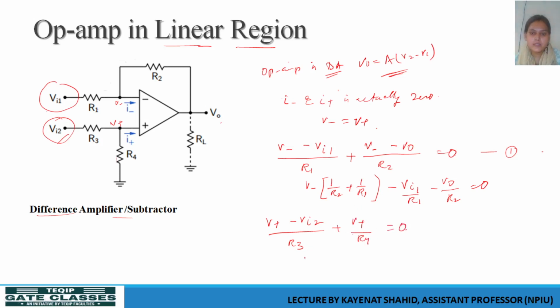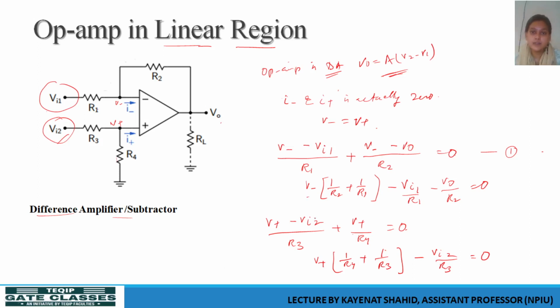Here we can see this is V plus times (1 by R4 plus 1 by R3), and this is VI2 by R3, equal to 0. So what we are saying? We are saying that this V plus and V minus are equal, right?